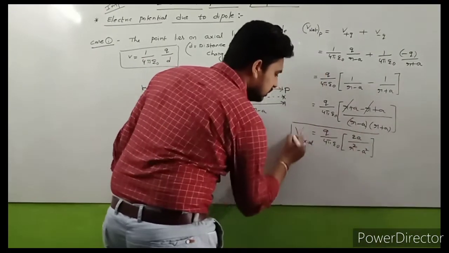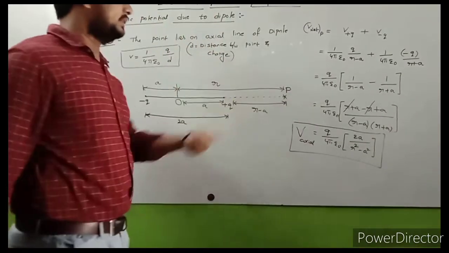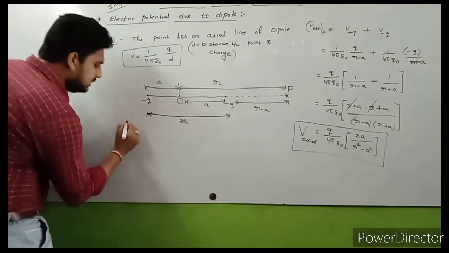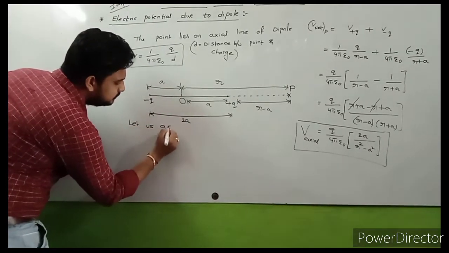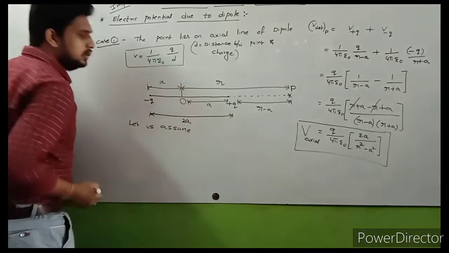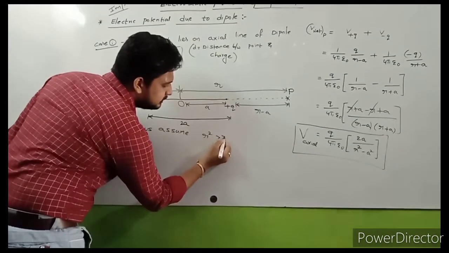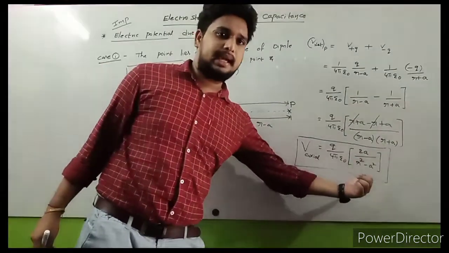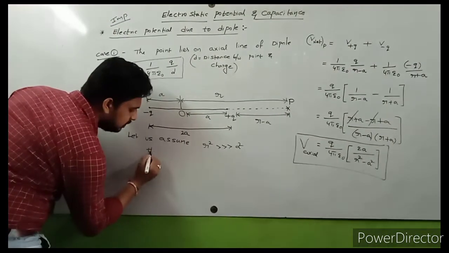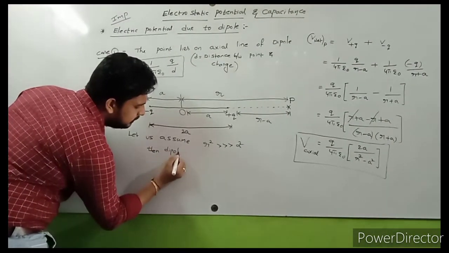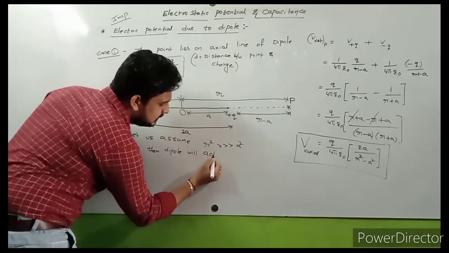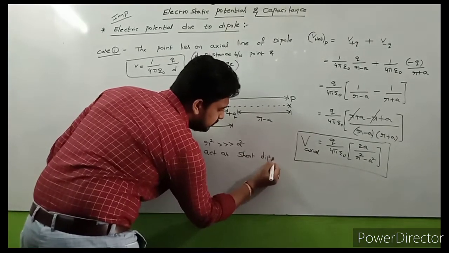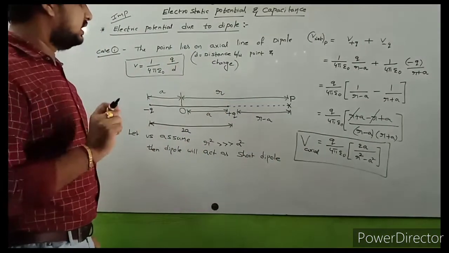Net potential due to the point lying on the axial line. So that is the formula. Observe carefully. Let us assume R square is far greater than a square. Then the dipole will act as a short dipole. Dear student, don't panic, very easy concept.